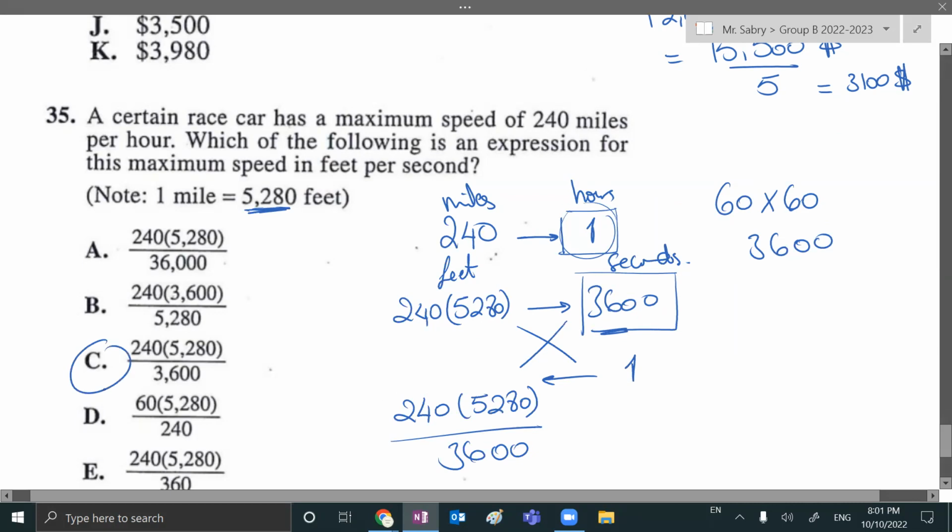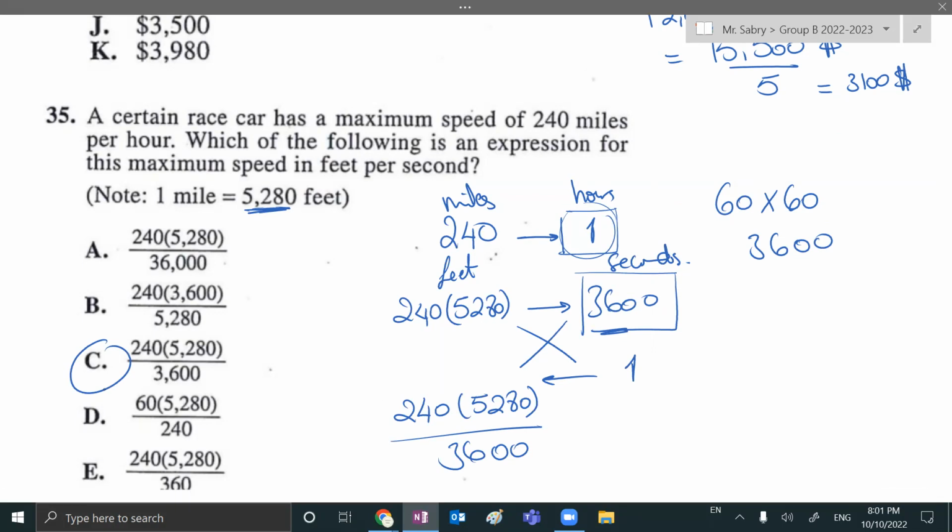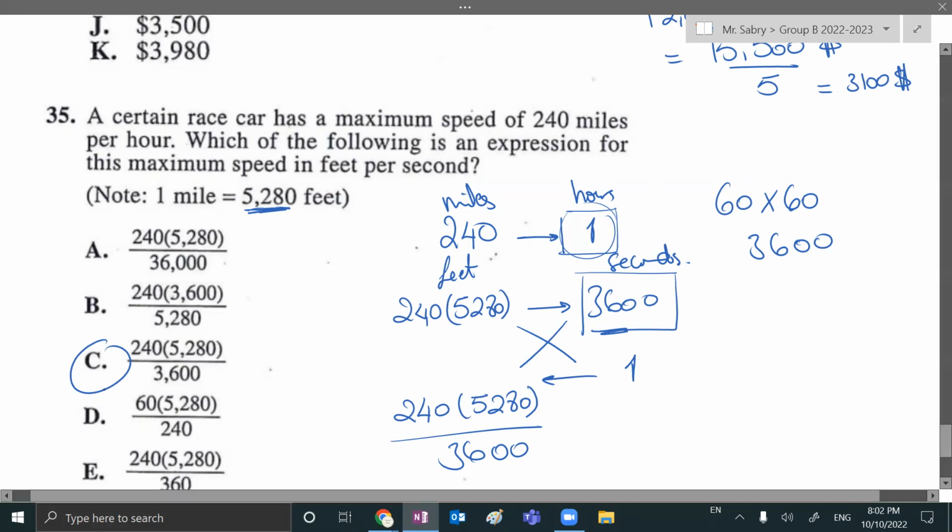So what I did is I worked at each part separately. For the miles, I changed miles to feet by multiplying the miles by 5,280. For the hours, I changed the hours to seconds by multiplying it by 3,600. Why? Because if I multiplied by 60, I've changed it to minutes, and then multiply by another 60 to change it to seconds.